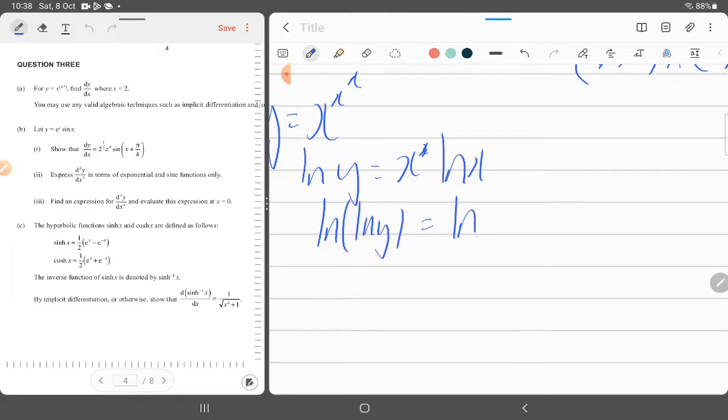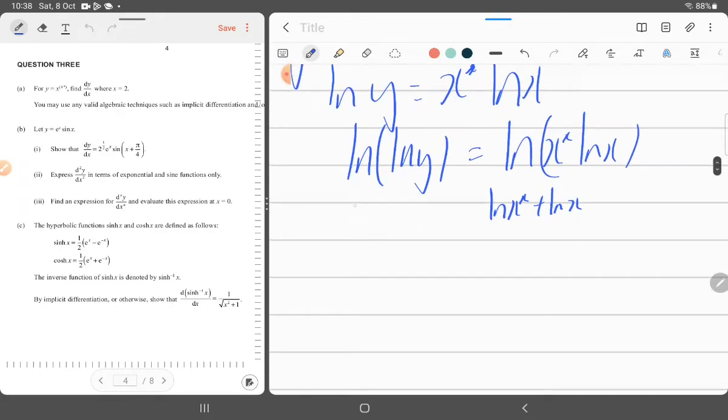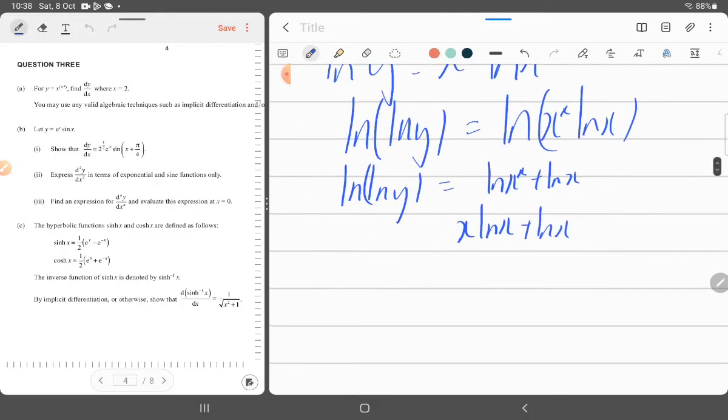Then natural log of x to the power of x times natural log of x. I think we break this up into natural log of x over x plus natural log of x. So x natural log of x plus natural log of x is equal to natural log of y.